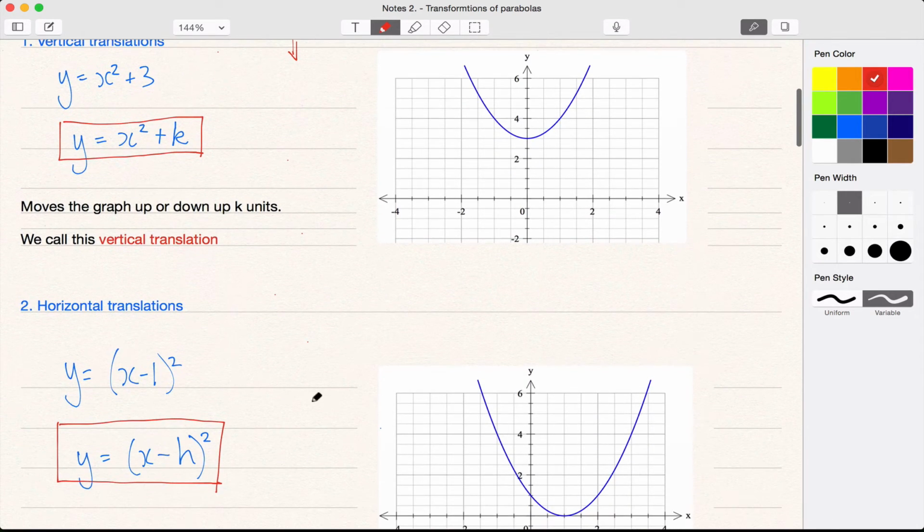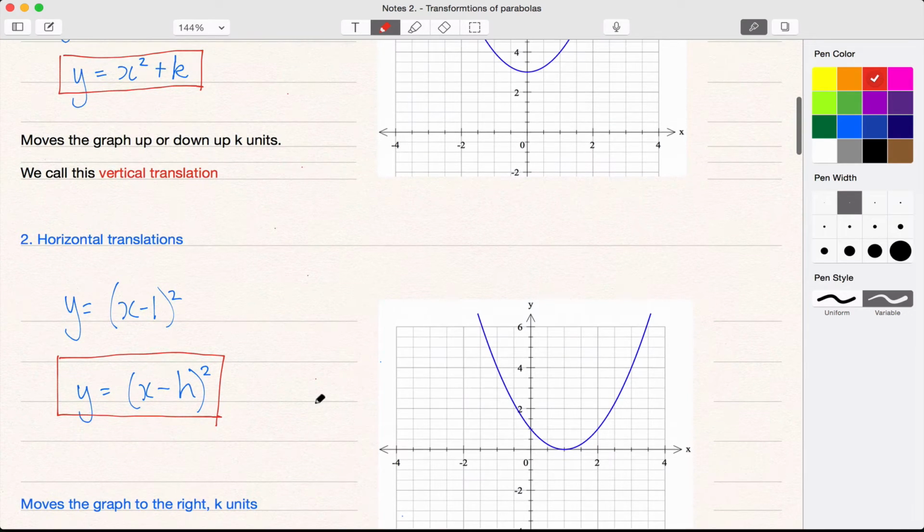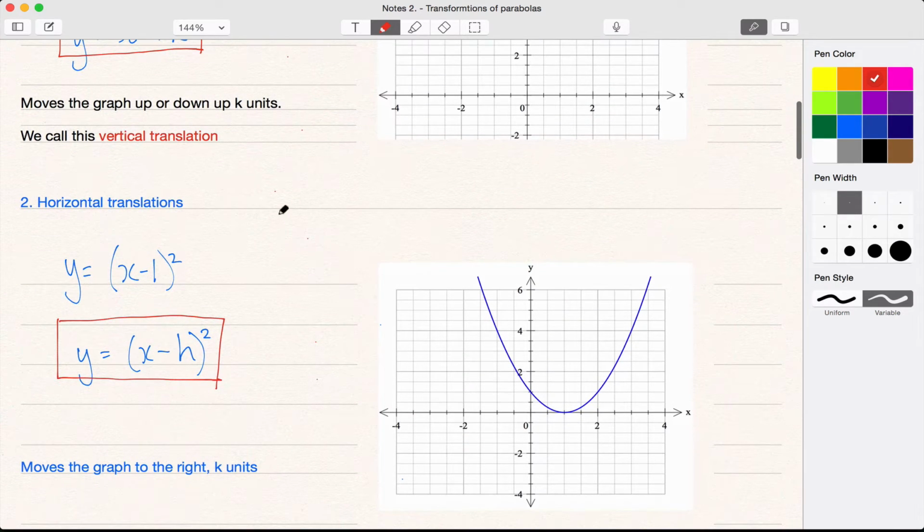The second type of transformation is horizontal translation. So that's moving this way. An example. The example here I've got is y equals (x minus 1) squared.